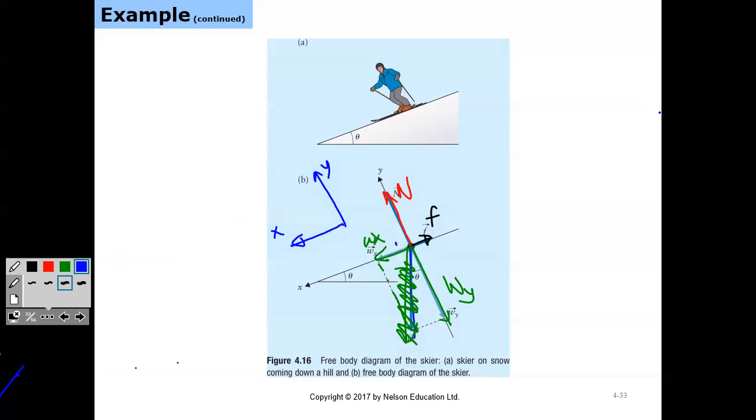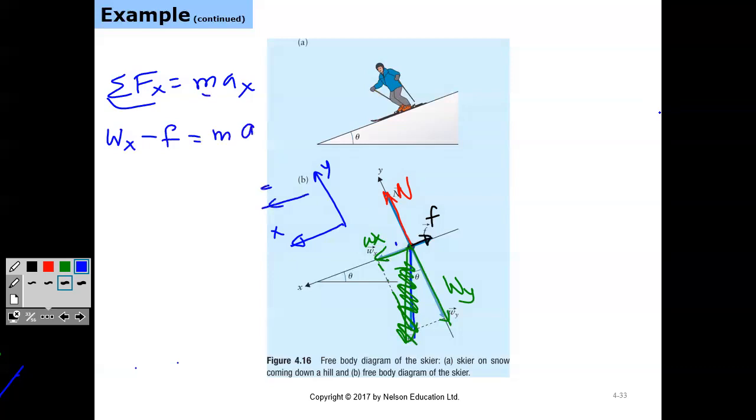So now applying the equation is simple. Net force in the X direction is equal to mass times acceleration in the X direction. Since we have resolved everything, you don't have to worry about the forces in the Y direction. You only look at the forces in the X direction. Simply Wx minus F equals mass multiplied by the acceleration.